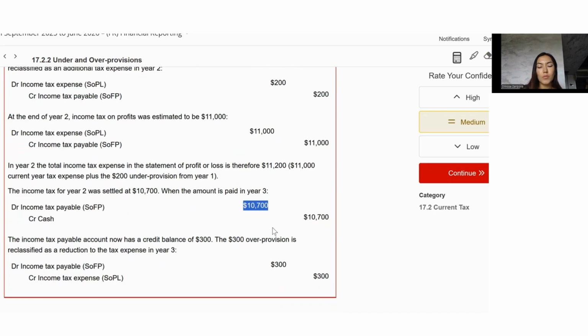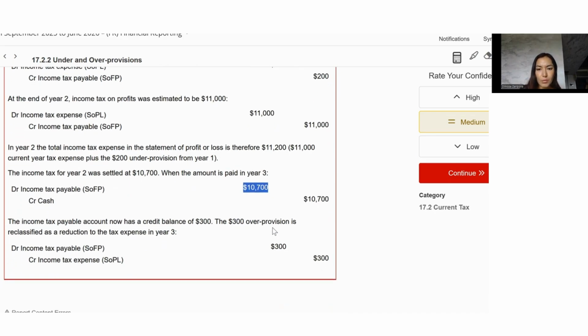And what is the difference between 11,000 and 10,700? 300, right? So this 300 you are deducting, because you charged 11,000, from your income tax expense. So you are decreasing your income tax expense by 300 and income tax payable as well by 300.